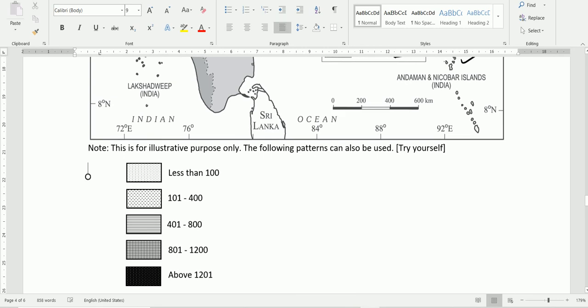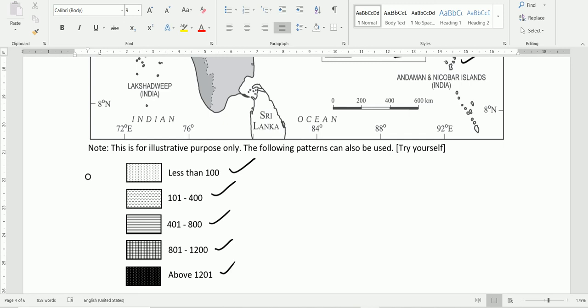Or you may use patterns also. See here, for less than 100, dots can be used. Then for 101 to 400, we may use a broken line. Then for 401 to 800, we may use solid lines. Then for 801 to 1200, we may use grids and dark shades for the states having population density more than 1201.